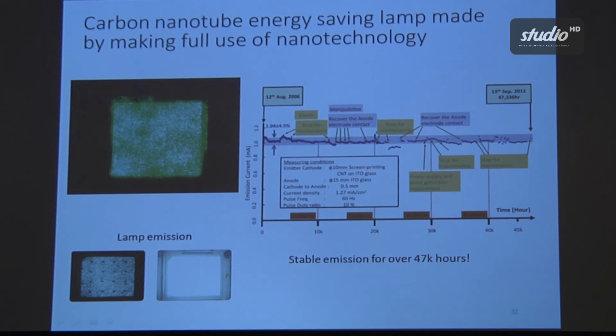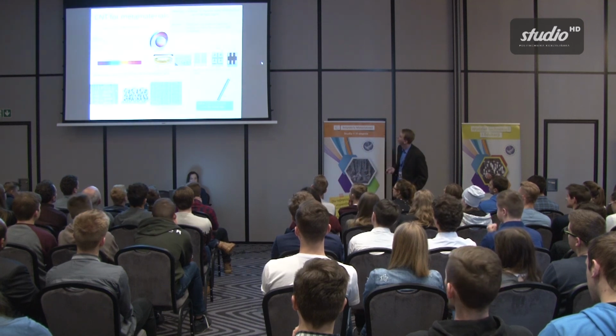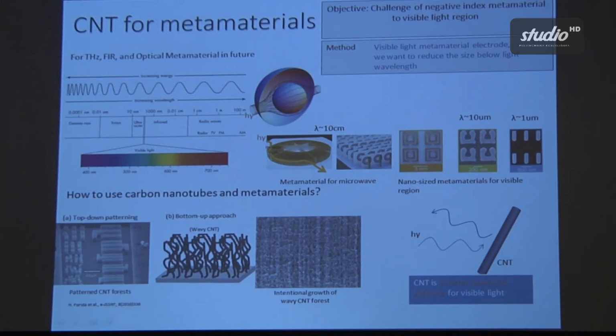And this sample was more or less constantly shining for 37,000 hours, which is, I think, about 3 years. So it's a lot, and it's quite stable emission. So I'm lying again, because I said it's only black, but it's also glowing in the dark. And this is maybe also interesting.